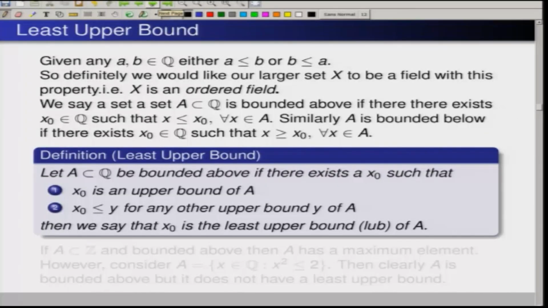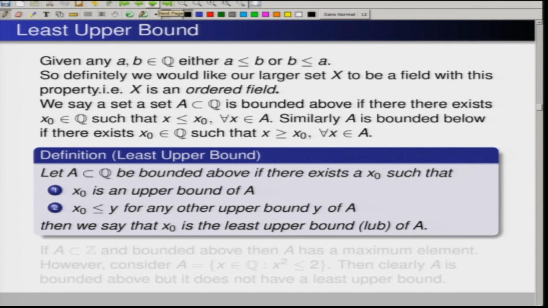However, among all the upper bounds, if we are looking for the least of the upper bounds, that is called the least upper bound. So now the definition: let A contained in Q be bounded above. Now, if there exists an x naught such that x naught is an upper bound of A, that means every element of A is less than or equal to x naught.